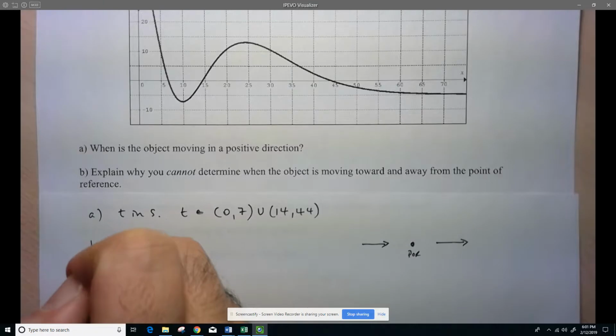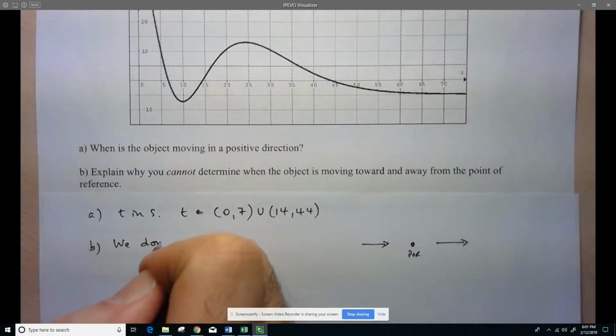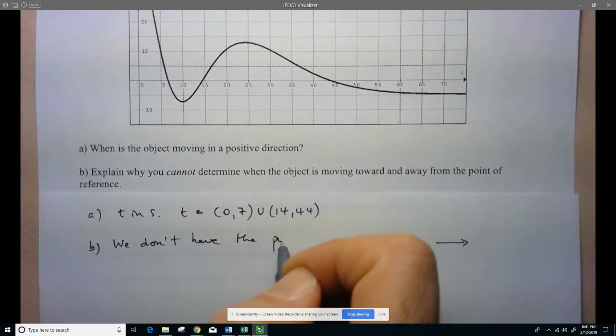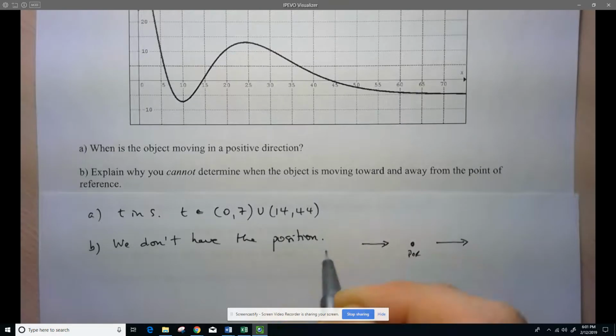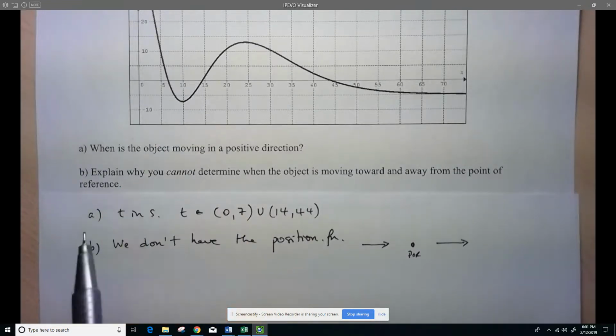So the reason why we can't is because we don't have the position function. Not only do we not have the position function, there's no way to determine the exact position function from its derivative.